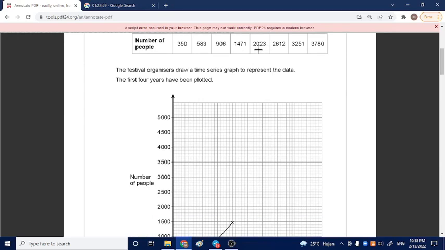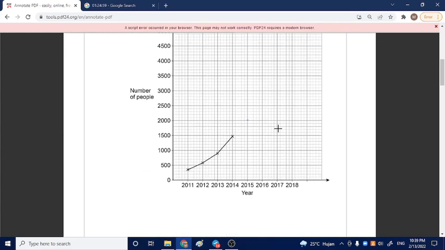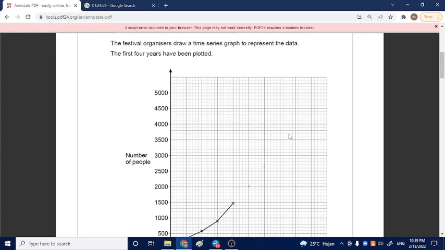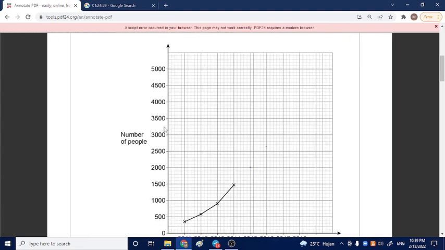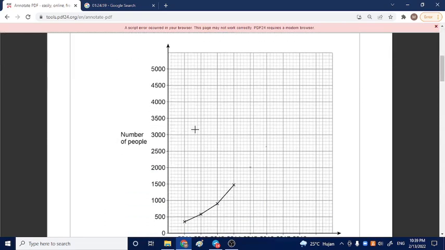So we have 2023, that would be around here. 2612, that would be around here. Forgive my mouse accuracy. 3251, oh no, 3251 would be here.